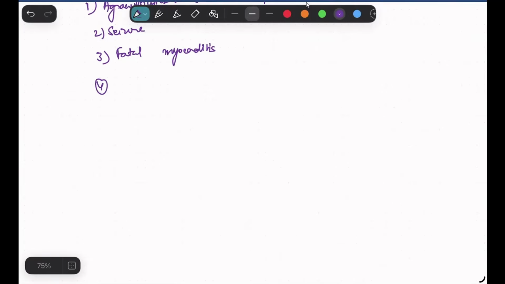Fourth one is orthostatic hypotension, bradycardia, and syncope, which can lead to cardiovascular collapse.